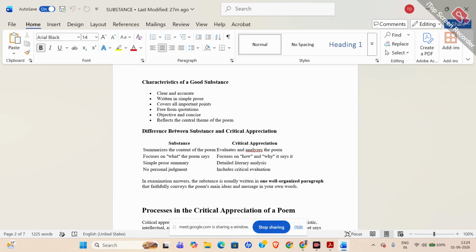So do not quote from the poem in your substance.